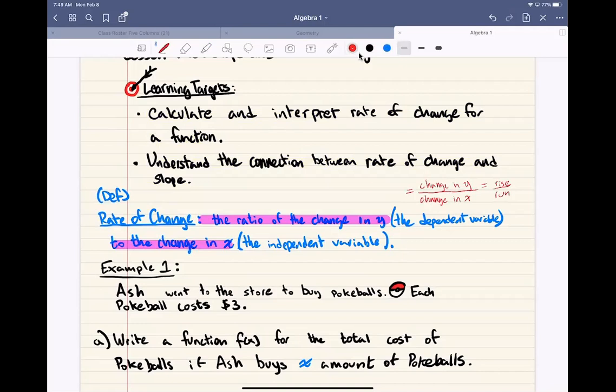It's also the same thing as delta y over delta x, which is the same thing as y2 minus y1 over x2 minus x1. And you know what? All of this is the same as slope. All we're saying is that the rate of change is basically slope.